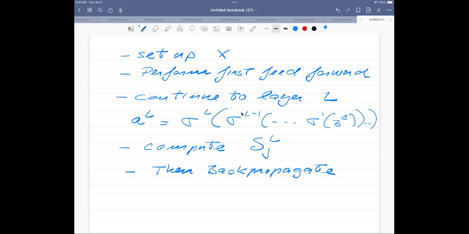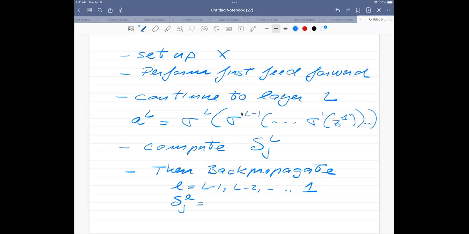And when we backpropagate, we would then start with L equal L minus 1. You go to layer L minus 2, and this goes all the way down to the first layer, so layer 1.